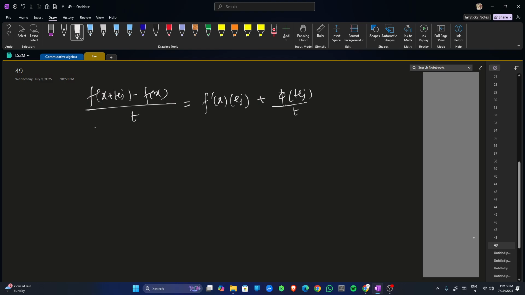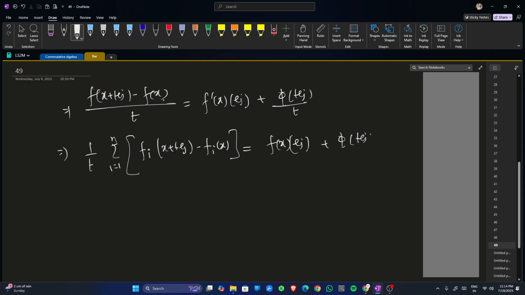Now write like this: 1 by t, summation i from 1 to m, fi of x plus t ej minus fi of x, times ui, equals f prime x applied on ej plus phi of t ej by t.